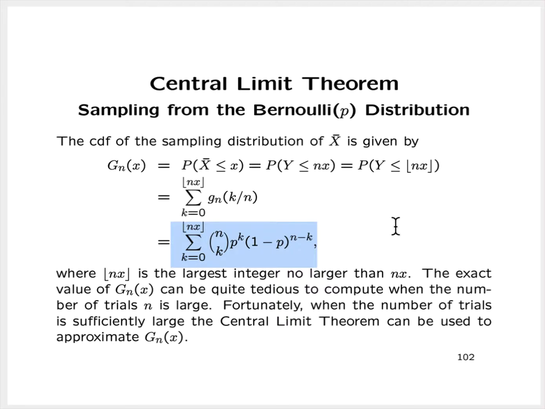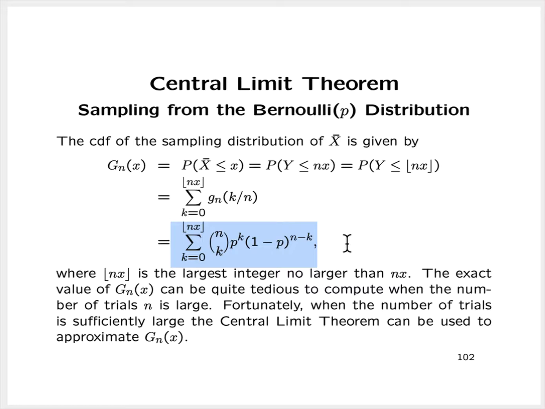We may not have time, we may not have the resources, and so forth, to get the exact value. It may be that we can approximate this sum, and if that approximation is sufficiently close, then that would be adequate. So fortunately, when the number of trials is sufficiently large, and what we're talking about here is when this is going to be a hassle to calculate, well, it's going to be a hassle when n is large.